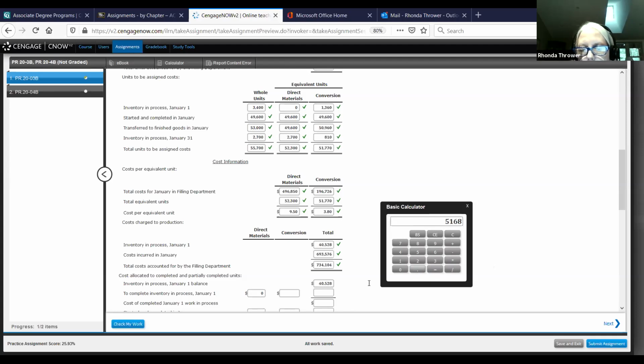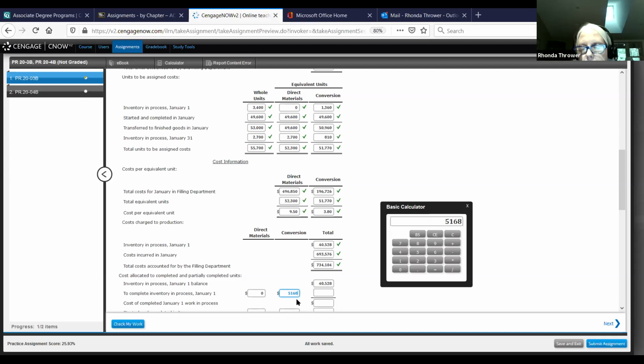And that will give you $5,168 that we needed to finish our beginning inventory with respect to conversion.